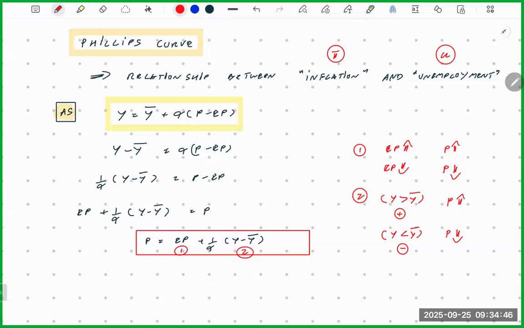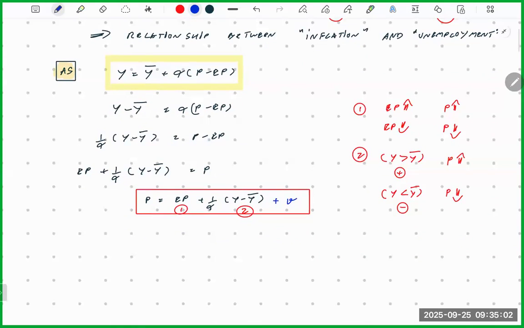And then the price is going to change depending on expected price and the economy, and I'm going to add one more detail to the equation. I'm going to add V, so I put plus V on the right hand side of the equation. Which means that we have another factor that can affect the price.